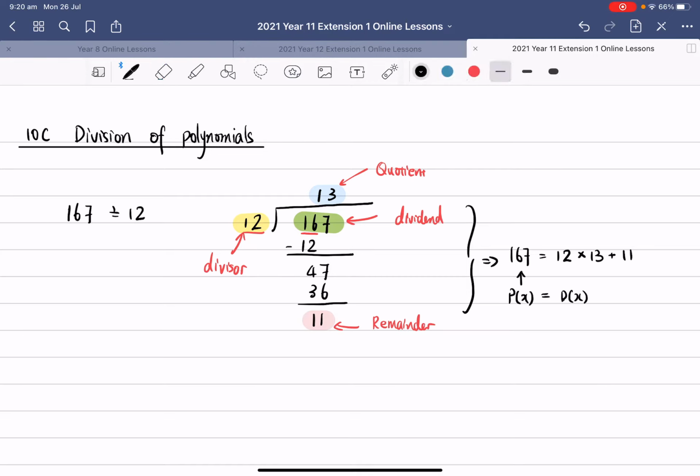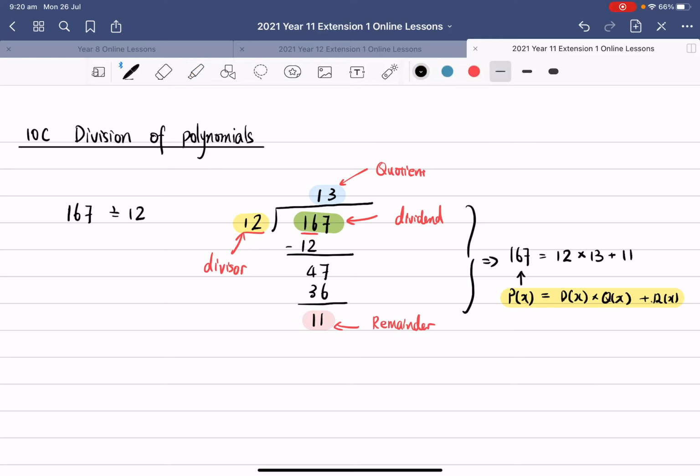And then the 13 is the quotient, so Q(x), and the remainder is 11, and that's R(x). And this is the formula. You kind of need to remember this. It's extremely important, okay? And when it comes to long division for polynomials, this expression becomes extremely important, and there are so many questions related to this expression or this formula.